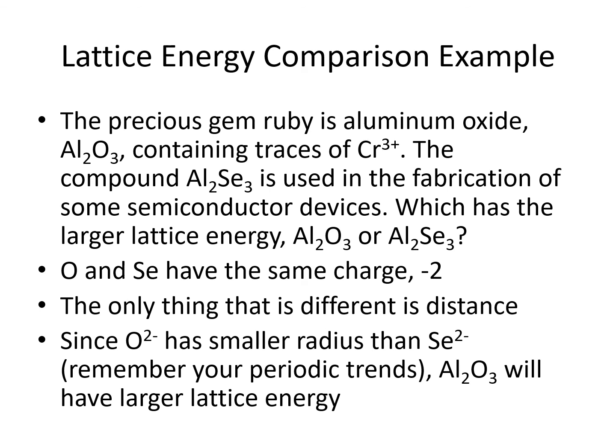So the oxygen ion has a smaller radius, which means it's going to have a smaller distance. And since distance is in the denominator, having a smaller distance means it's going to have a larger lattice energy. So the one with the larger lattice energy is going to be the aluminum oxide because it has a smaller distance between the ions.